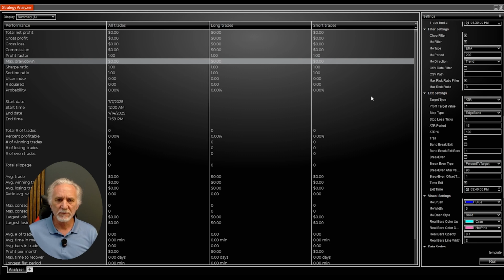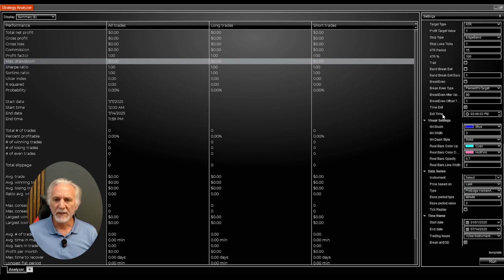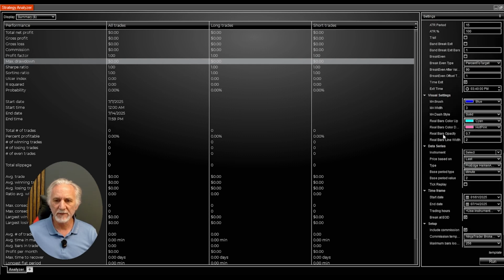Doing this long 6-month backtest, we had some really volatile days, and we don't want to get stuck in a 100-point candle. Our normal ATR trades, we're going to do 100%. Sometimes we do 50. We're going to do 100% of the 15 ATR period. And this is our target value. No break even, exit time 340.